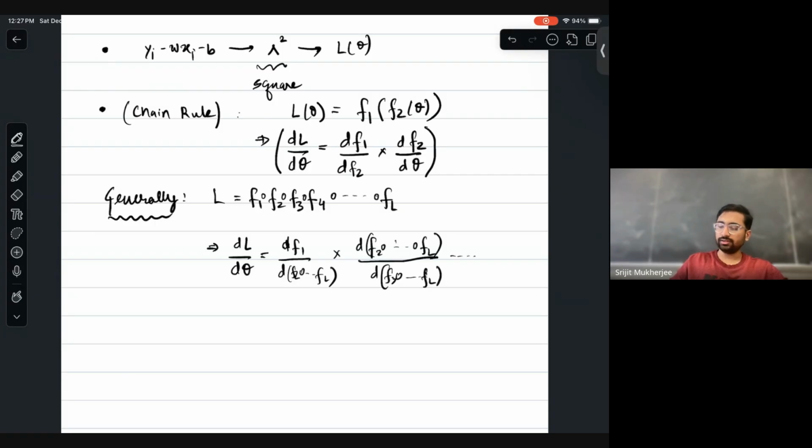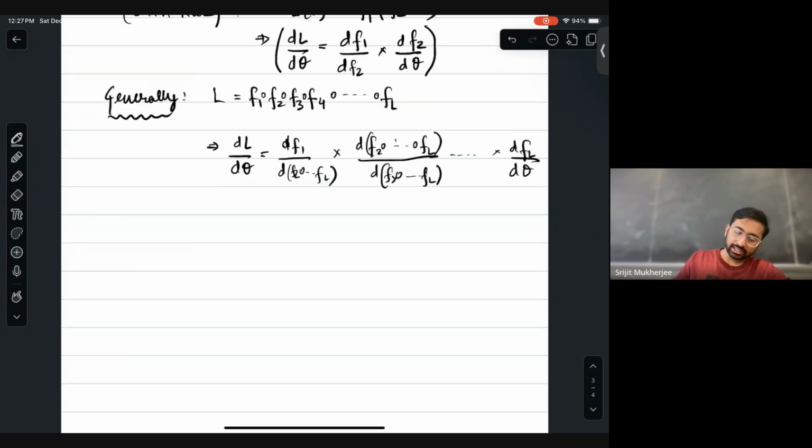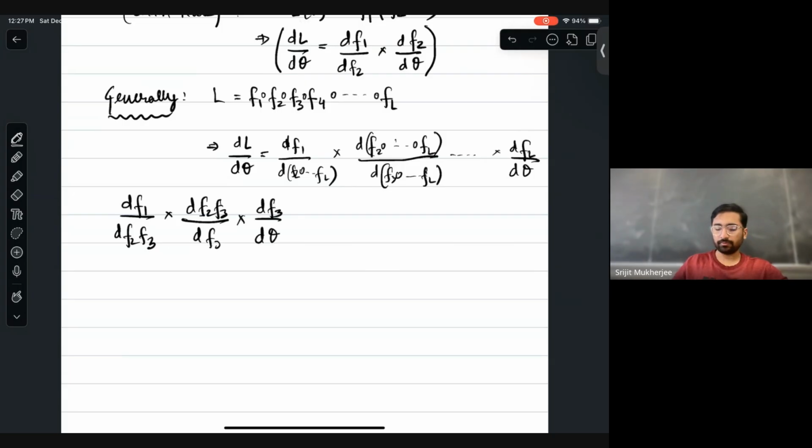It carries on till the last term, which will be d of fl by d theta. For example, for 3 it will be df1 by df2 f3 times df2 f3 by df3 times df3 by d theta.